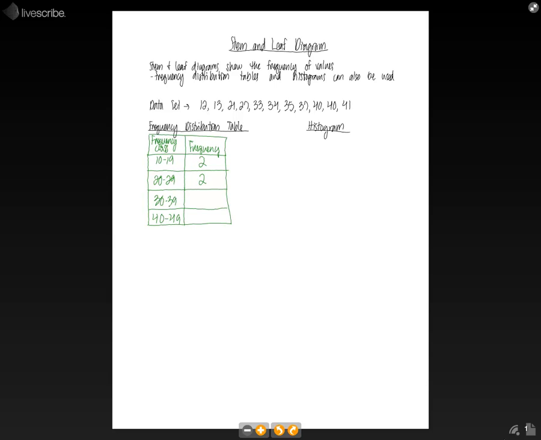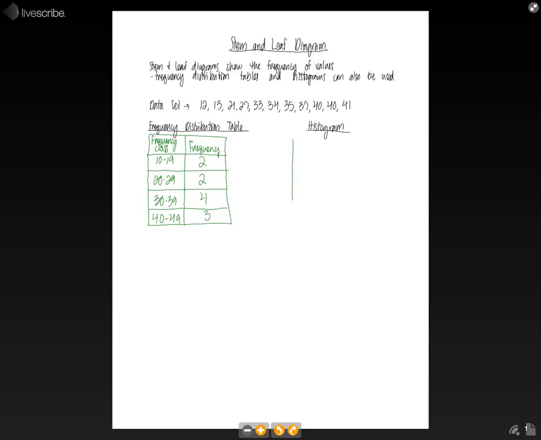For 30 to 39, we have the values 33, 34, 35, and 37, so we have 4 in that class. In our last class, we have two 40s and a 41, giving us a frequency of 3. This is how you would do a frequency distribution table.